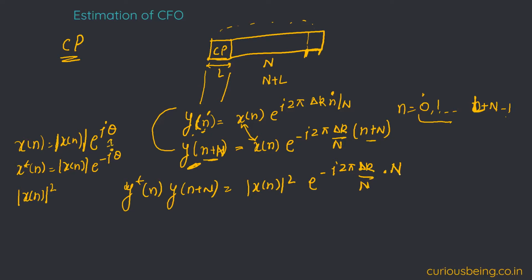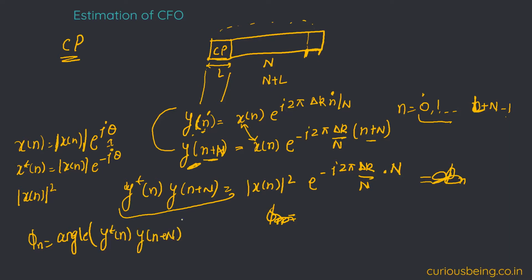Let's write it as phi n. Phi n is actually the angle of the term y conjugate n into y of n plus N. Then it will be 2 pi minus 2 pi delta k.